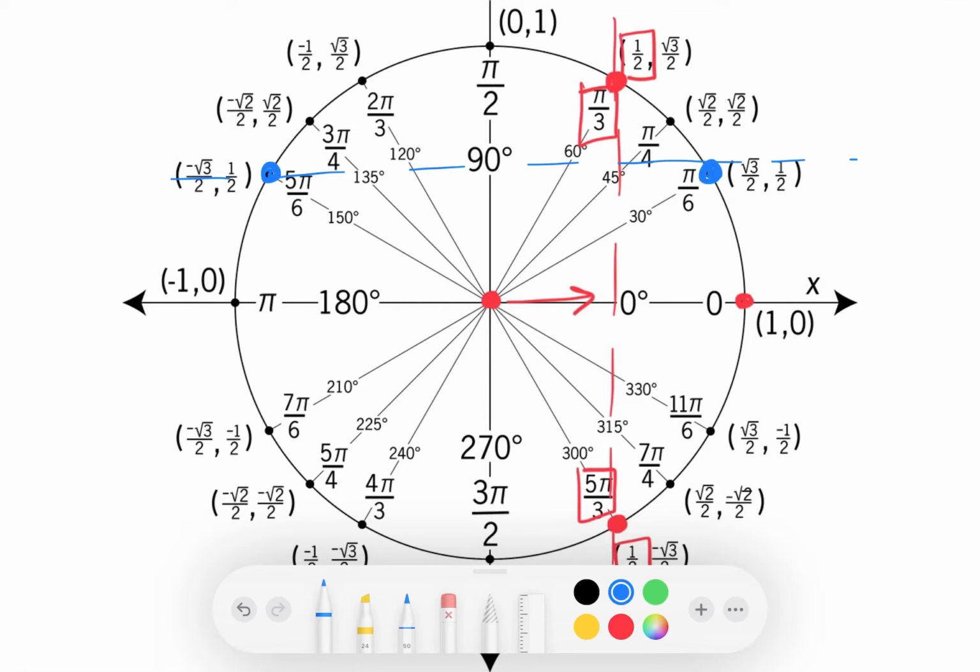Well, our sine value is in fact 1/2 at both of these. So those are the angles we're looking for. This is telling us that this rotation angle right here at pi over 6 has a sine value of 1/2, and this rotation angle right here at 5 pi over 6 has a sine of 1/2 also. So those would be our answers.